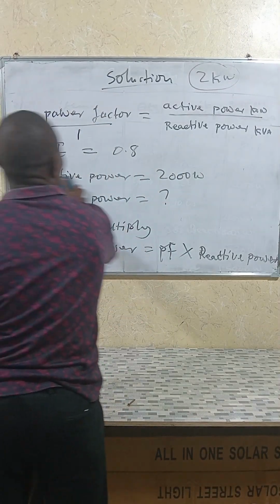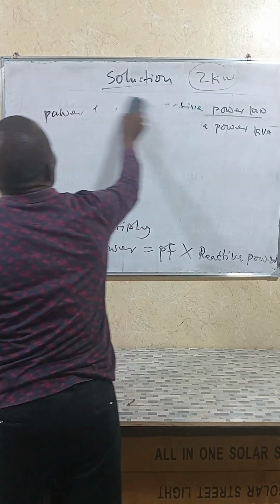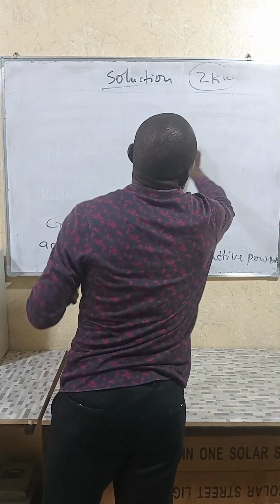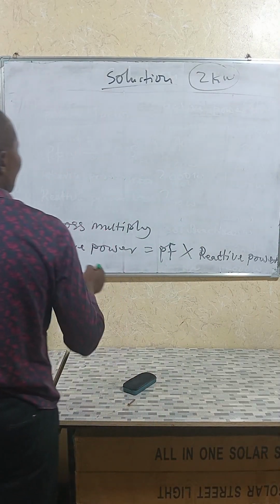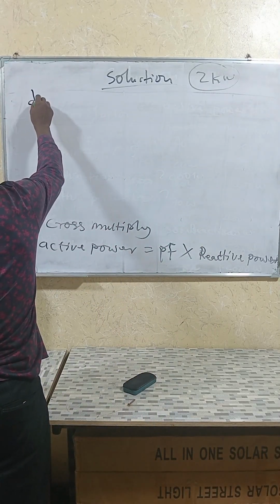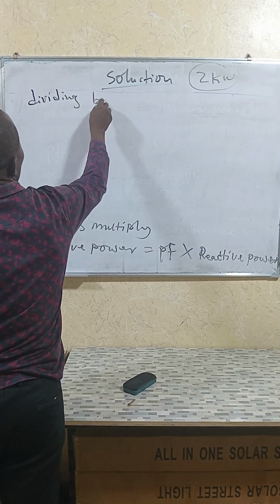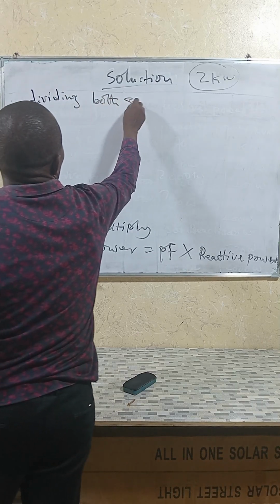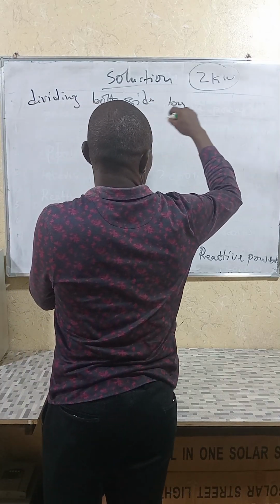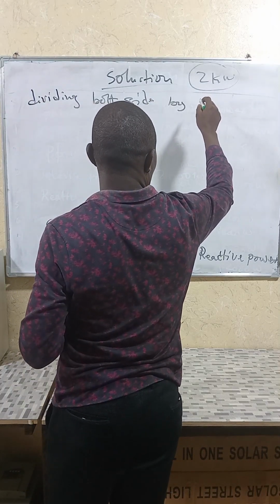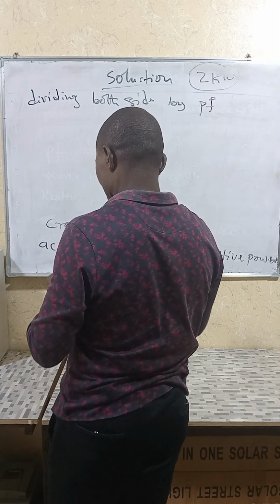So at this point, you can make the reactive power the subject of the formula by dividing both sides by the power factor.